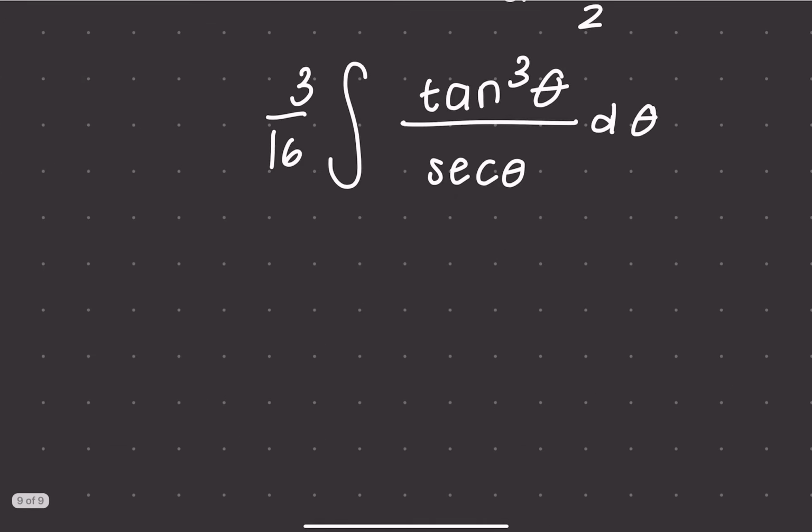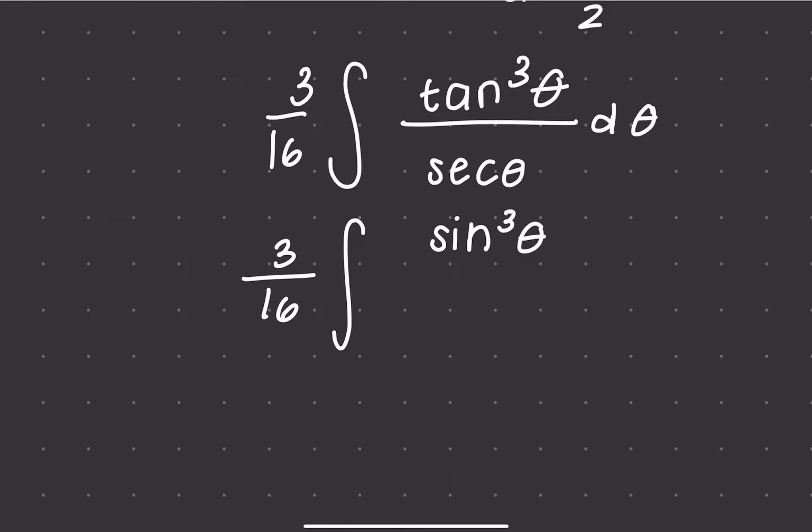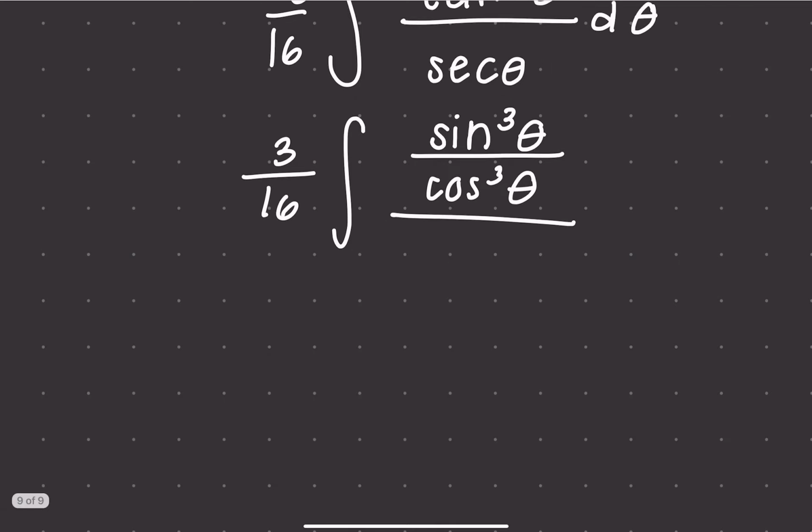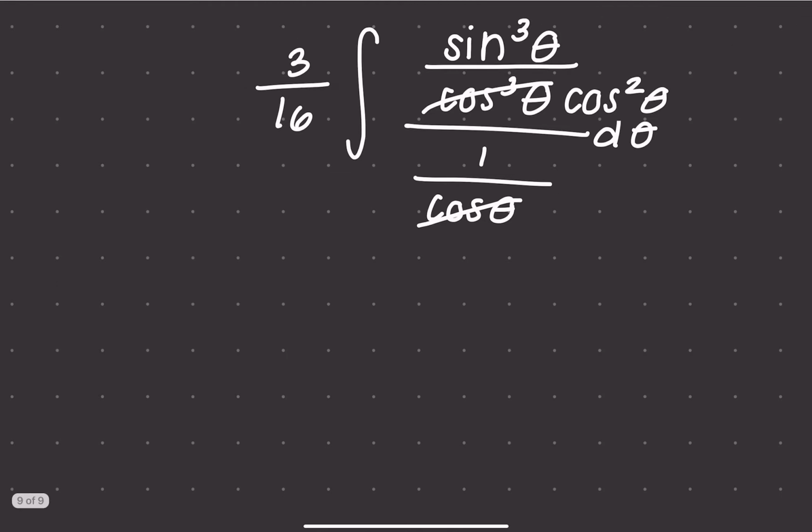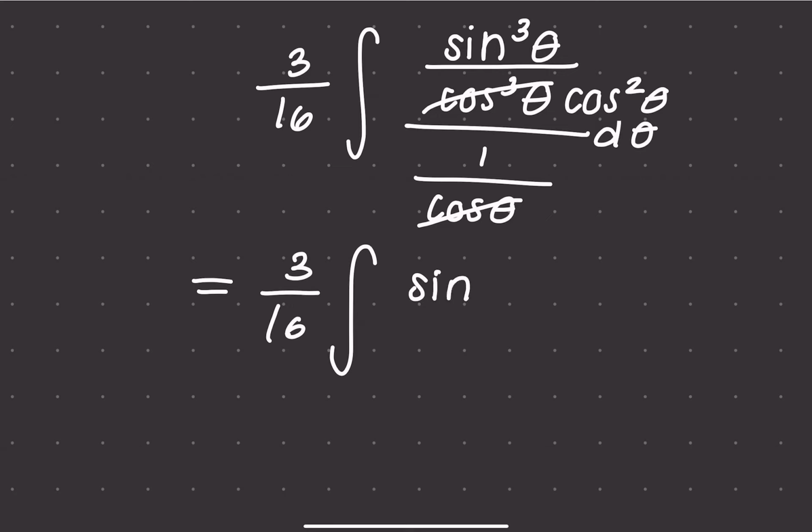We know that tan is just sine over cosine. So tan cubed theta is sine cubed theta over cosine cubed theta, divided by secant, which is just 1 over cosine theta. So we can cancel out a cosine, leaving us with cosine squared theta, meaning that our integral is going to be sine cubed theta over cosine squared theta d theta.